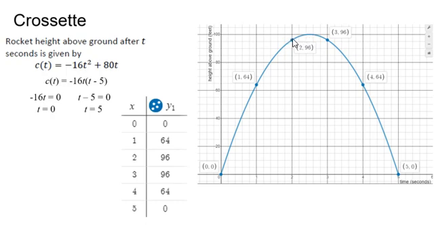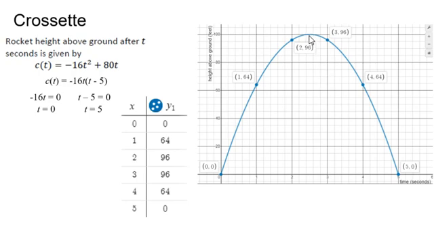I see that at 2 seconds it's at 96, and at 3 seconds it's also at 96. And if I were to put 2.5 into my Desmos graphing calculator, it would tell me that the output is 100. So the vertex here is at 100, at 2.5 seconds. I know it's at 2.5 seconds because it's halfway between the 2 and the 3.